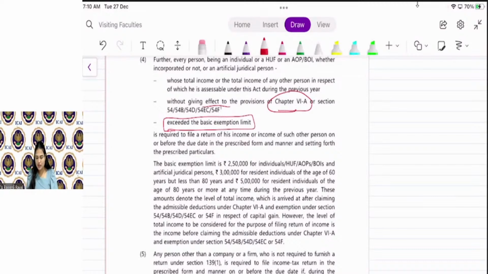Generally, the basic exemption limit is applied after deduction of deductions available under Chapter 6A and exemption under Section 54 to 54A.